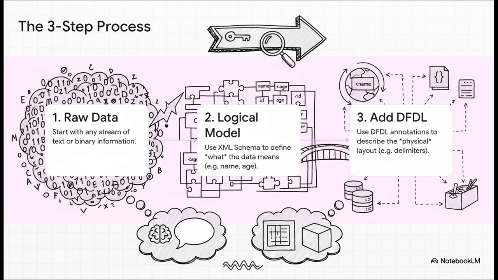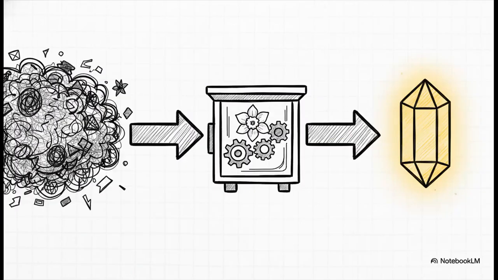You're telling the system, hey, these fields are separated by a comma. It brilliantly separates the meaning of the data from its format. And the end result of all this is something called an information set. Basically, it takes that messy, raw data and turns it into a pure, logical representation of the information inside. Now it's completely independent of its original physical format, and any modern system can understand and work with it.